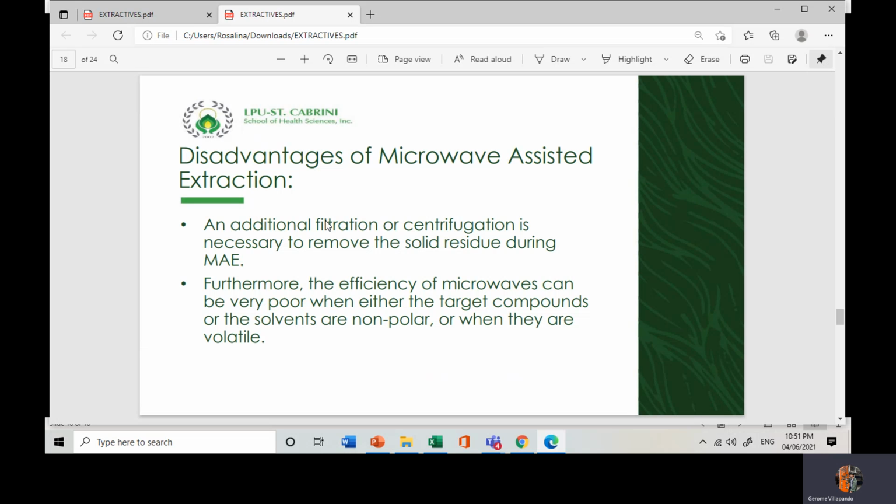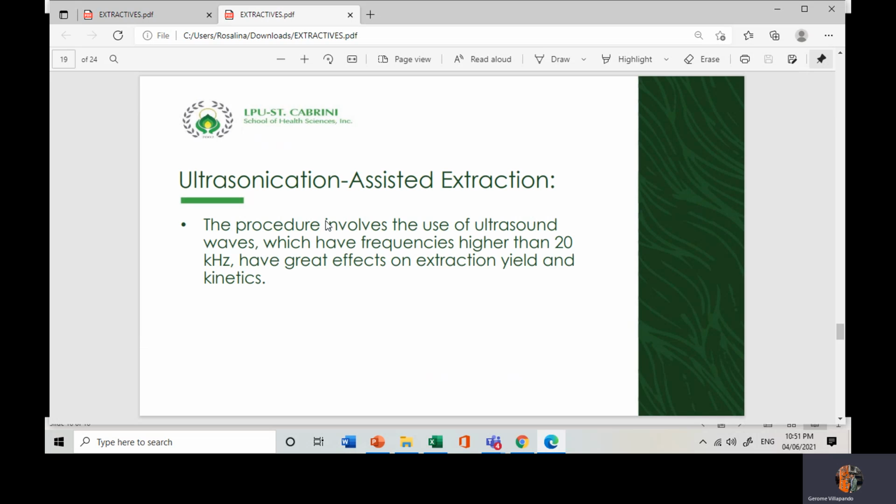So dapat, may centrifugation process. Furthermore, the efficiency of microwaves can be very poor when either the target compounds or the solvents are nonpolar or when they are volatile.